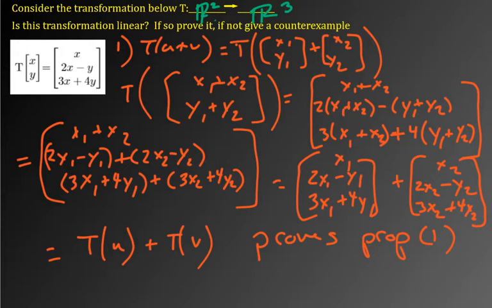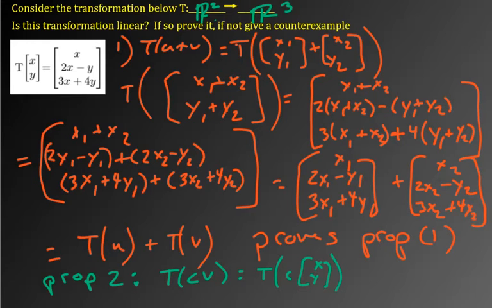Sadly, I don't think I have time, but it's actually in the book, so you can read it. For property 2, it's actually much shorter: you would need to do T of c times some arbitrary vector again, so T of c times (x,y).